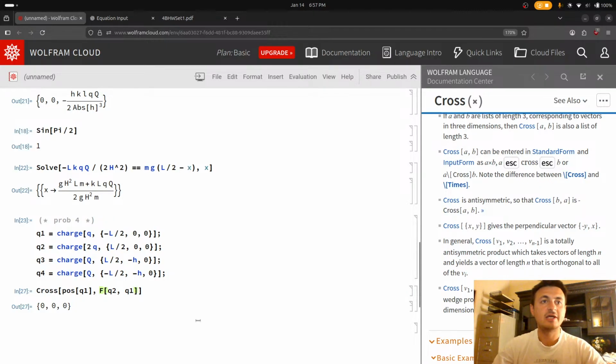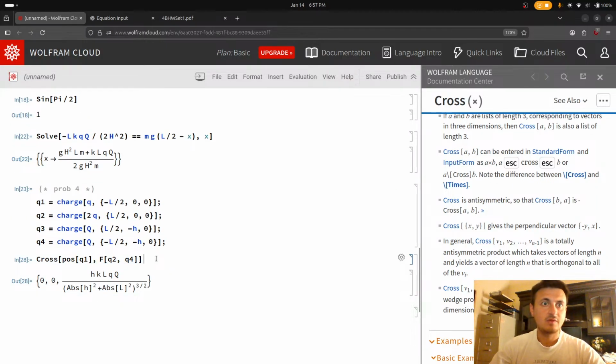Oh, that's cool. Okay, but we wanted this one. So this is T1. Then T2 is going to be equal to the cross of the position of Q2 and the force of Q. Wait, no. Hold on.